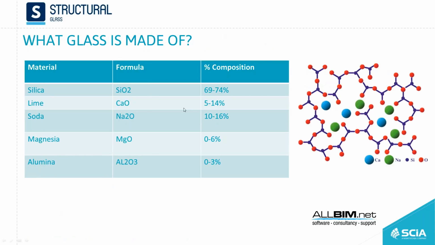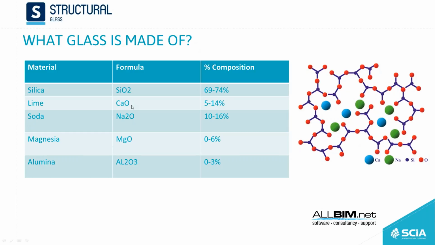What is glass made of? Well, it is mostly made of silica, around 70%, and some other chemical components. The problem is that it does not build a crystal network. If we don't have a crystal network, there's no stability. So this is where the unpredictability in the behavior of glass comes from.